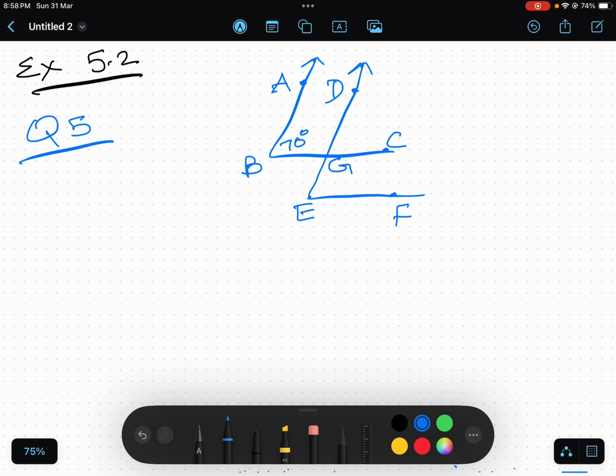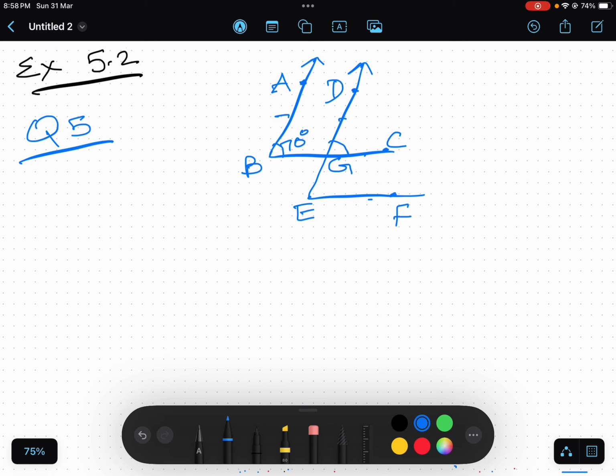So the two arms of the two angles are parallel. So this line and this line are parallel. Similarly, this line and this line are parallel. Now they have given angle ABC is 70 degrees. So this angle is 70 degrees. Find angle DGC. So they are asking this angle.